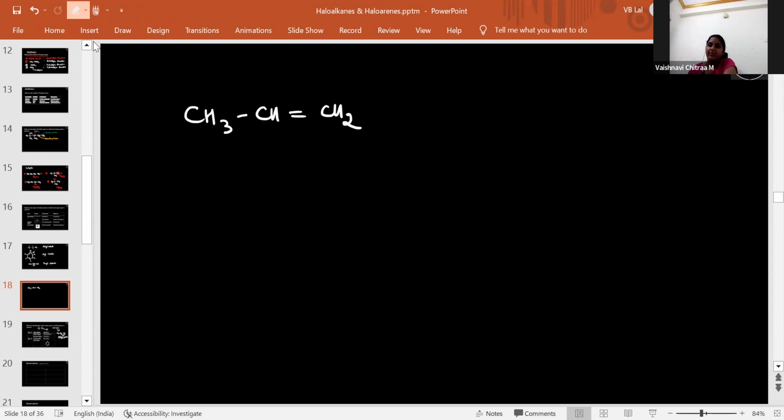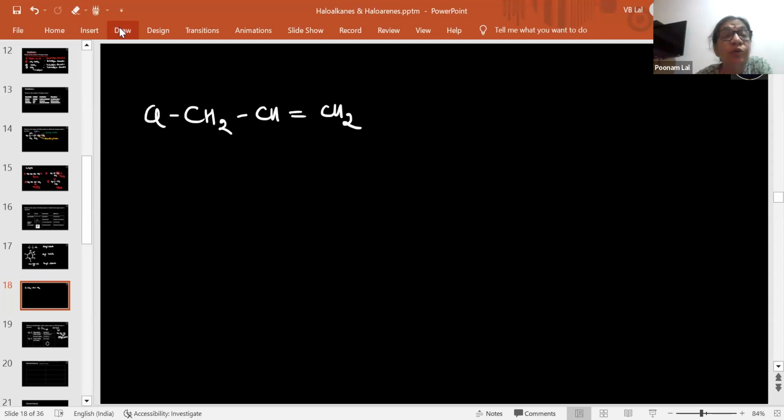So what I do is I will attach my halogen here, CH2 and halogen. So it is attached to the sp3 hybridized carbon, but this carbon is adjacent to an sp2 hybridized carbon. This is allyl halide, allylic or allyl halide.